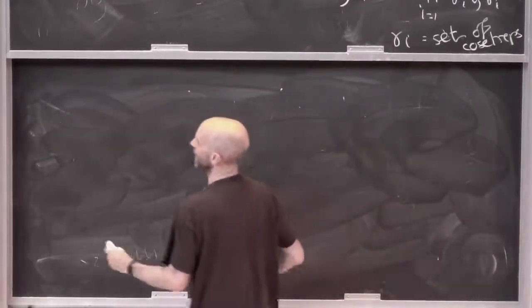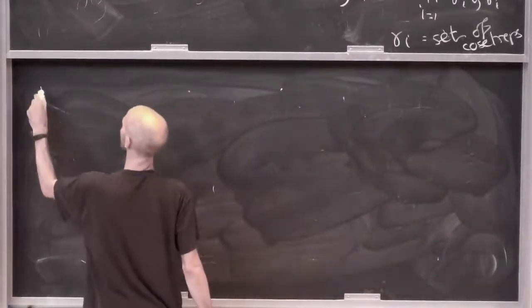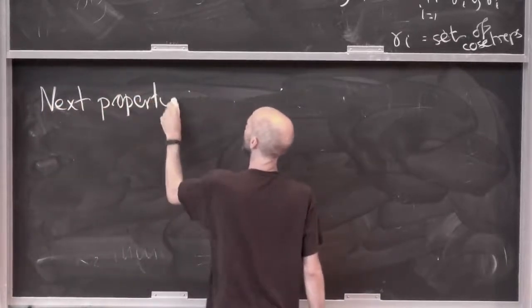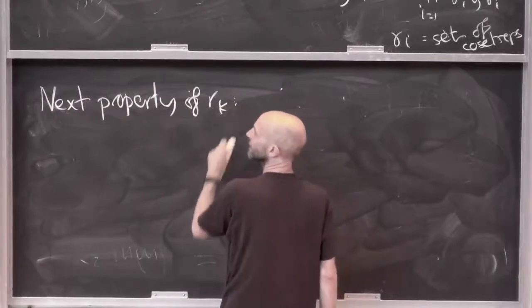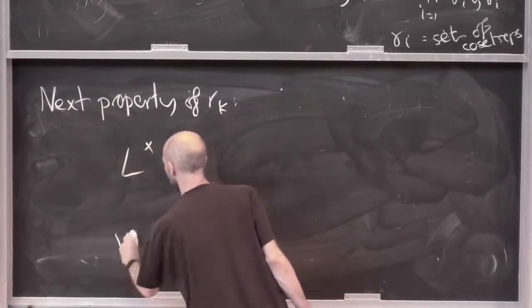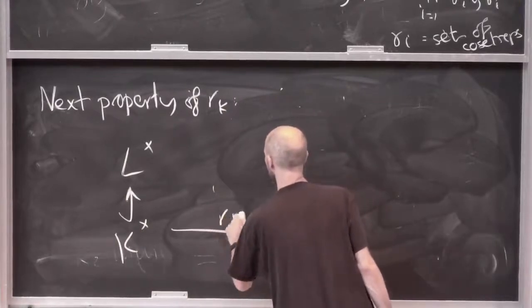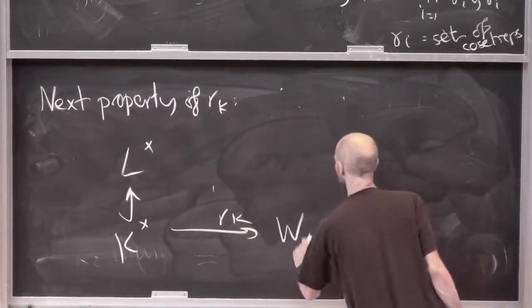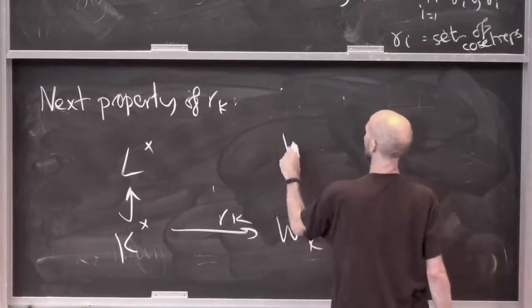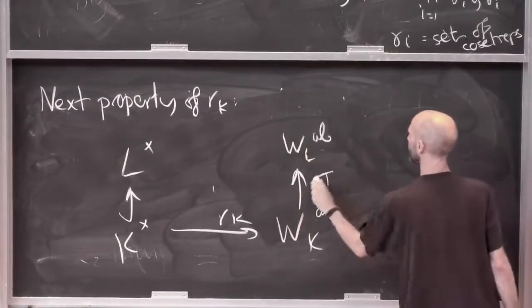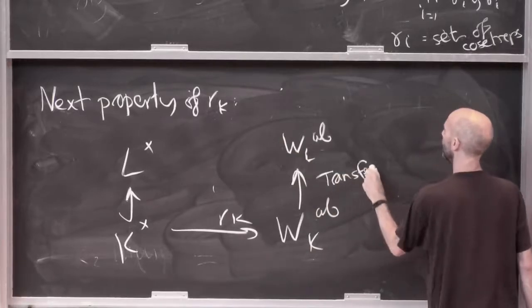So here's the next property of these RK maps: we have L star, K star, and we now have the inclusion, and here's RK, and here's WK ab, and here's WL ab, and then this thing here is this transfer map. There.